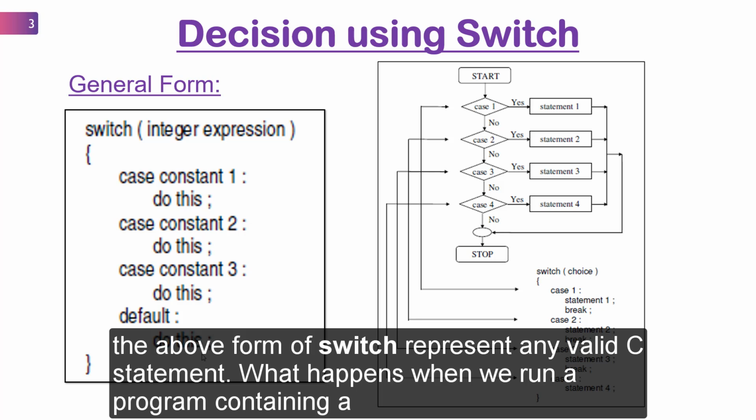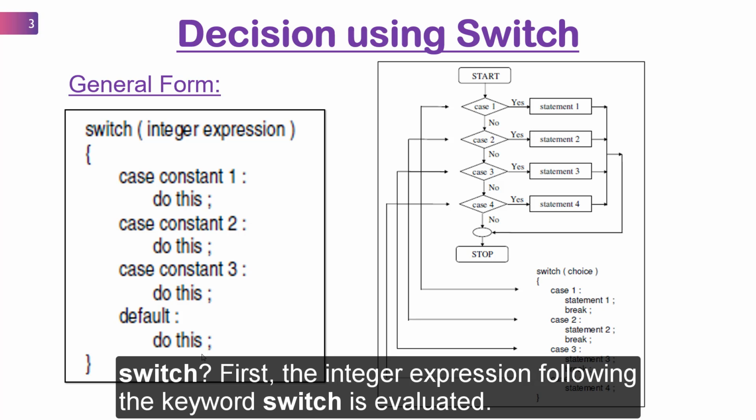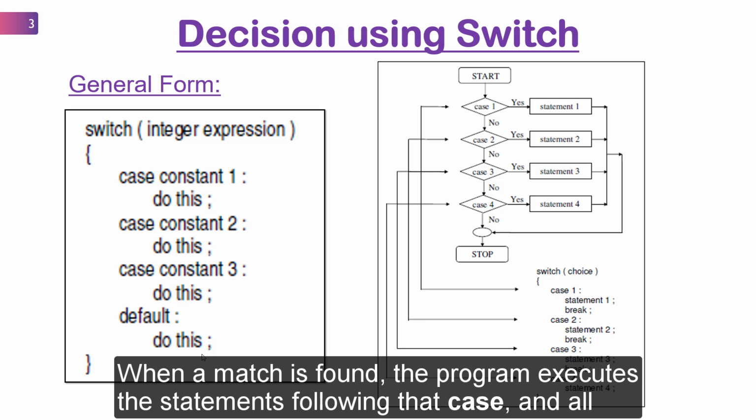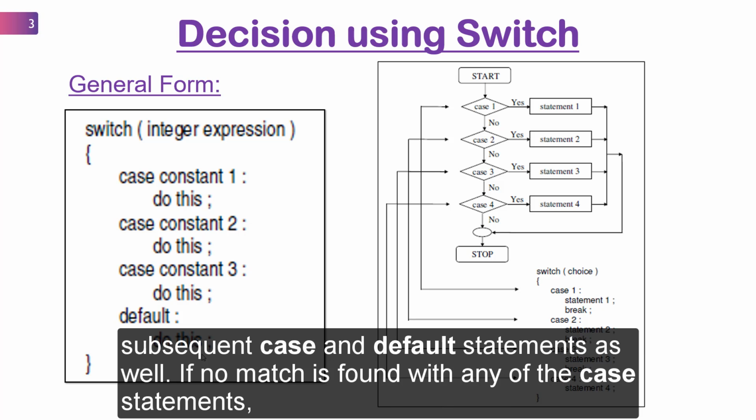What happens when we run a program containing a switch? First, the integer expression following the keyword switch is evaluated. The value it gets is then matched one by one against the constant values that follow the case statements. When a match is found, the program executes the statement following that case and all subsequent case and default statements as well.